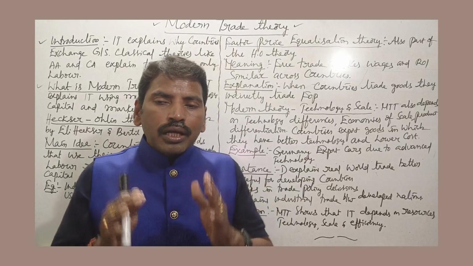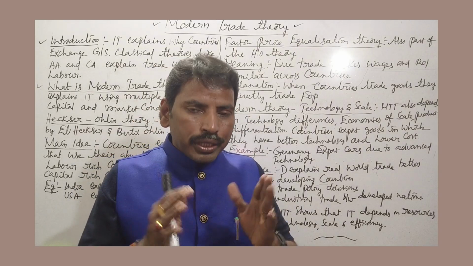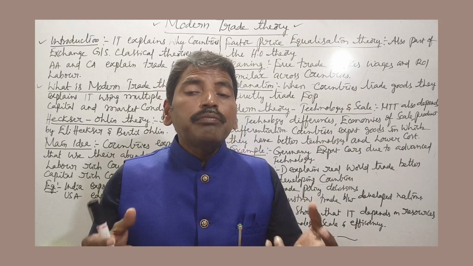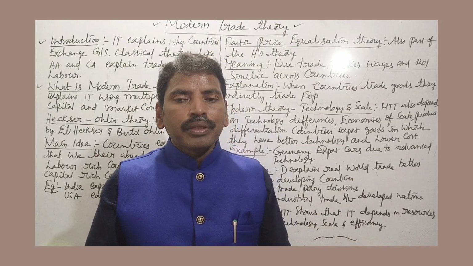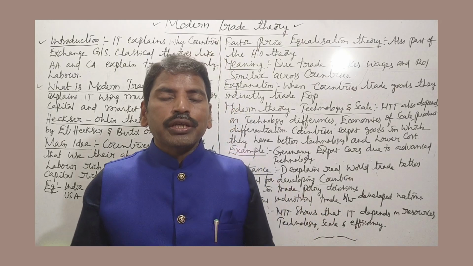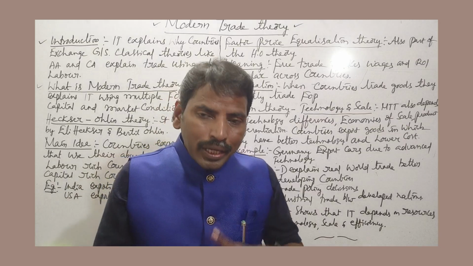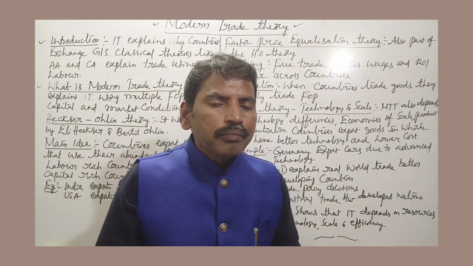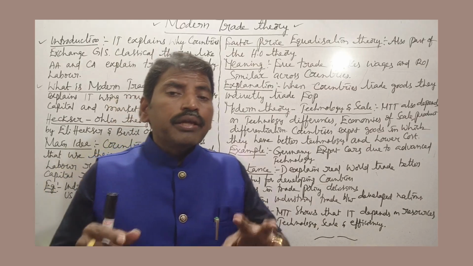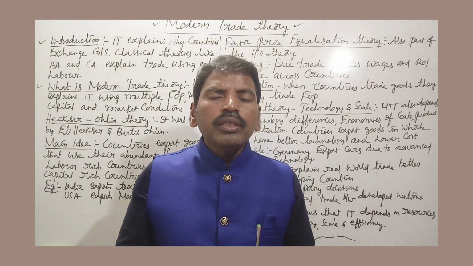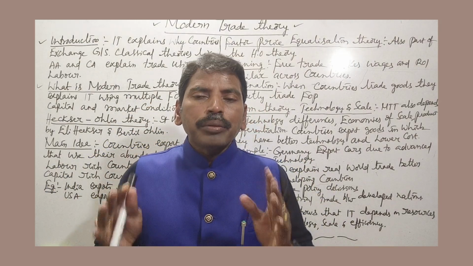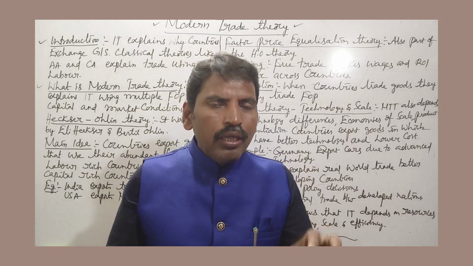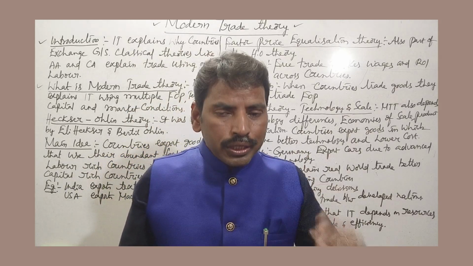That means, according to modern trade theory, international trade depends on many factors of production, namely labor, resources, technology, and scale and efficiency. So this is the basic information of modern trade theory, or Heckscher-Ohlin theory.